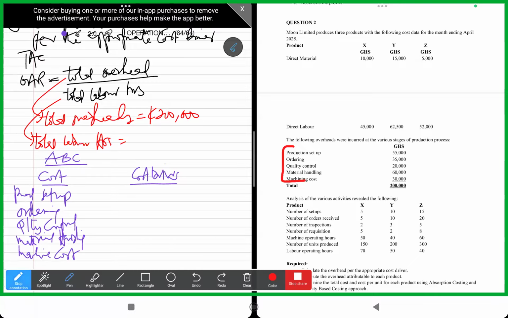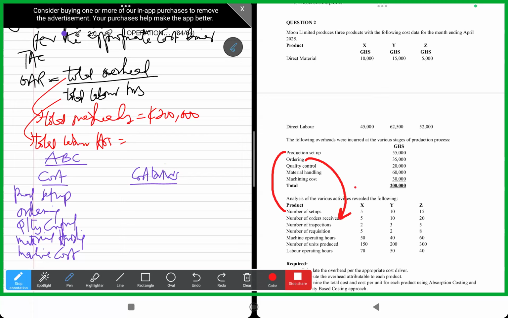And you link each of the overheads to the corresponding cost drivers. So production setup, its cost driver is what? Number of setups. Is that correct? Yeah. Then we go to ordering. Its activity level is what? Number of orders received.